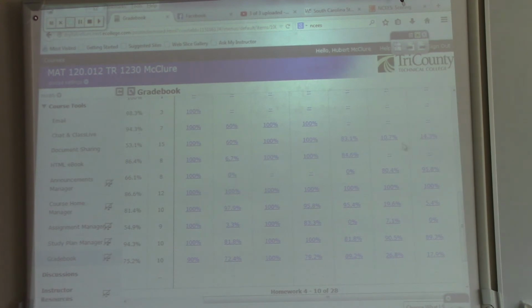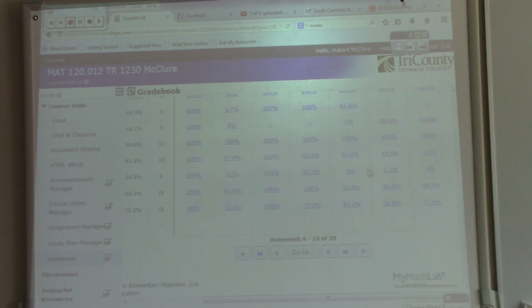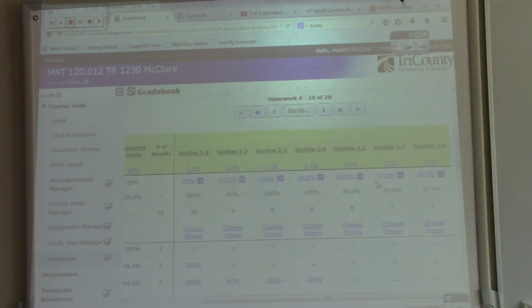This one doesn't concern me too much, but these 2 really concern me because it's like they haven't done anything. But anyway, I'm not gonna say anything else. And one person hadn't done anything either. I guess they're waiting till 11 o'clock on whatever day I cut it off. I'll decide that in just a minute.